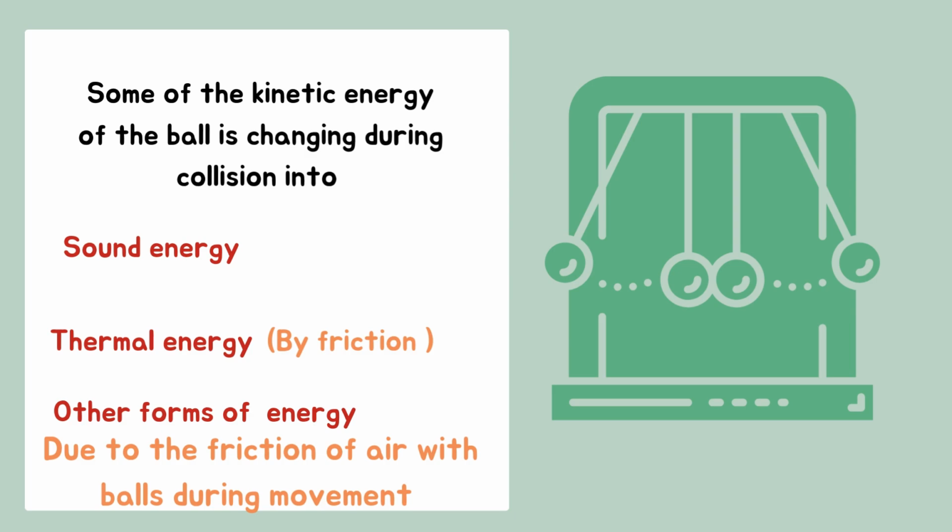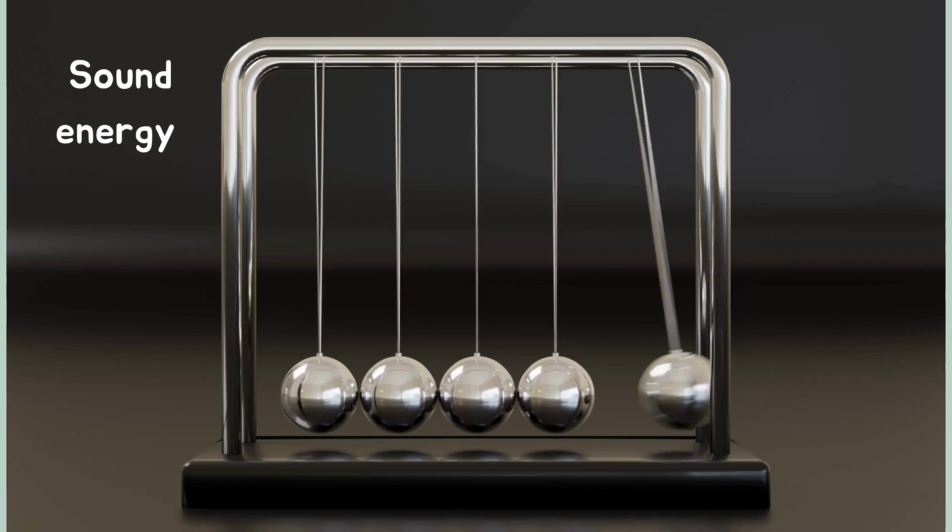Also, there is thermal energy, which comes from the friction between the string and the other parts, the string that holds the ball. And there is friction between the balls during the collision. We know friction means when objects rub against each other. So there is friction between the balls, friction between the string and the other parts, and friction between the balls and the air.